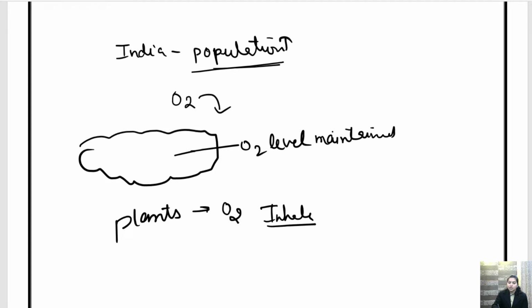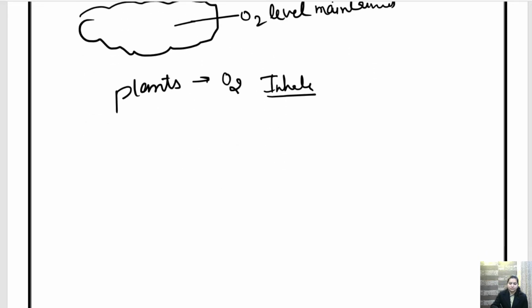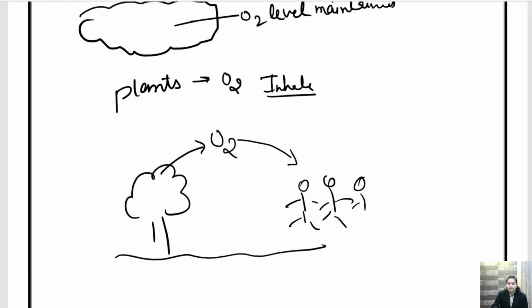Okay, so this is a complete cycle, let's see. If this is a plant, so the plant gives out oxygen. This oxygen is taken by millions of humans.